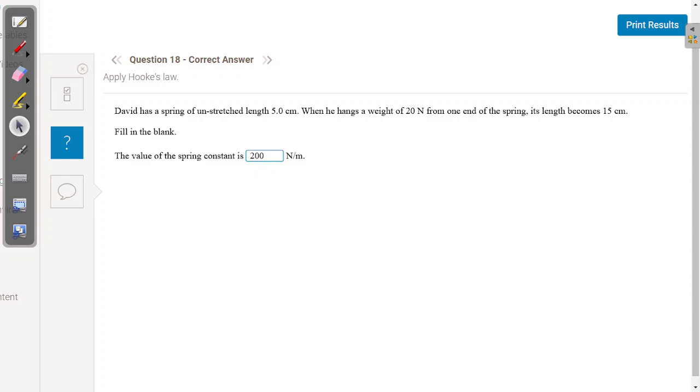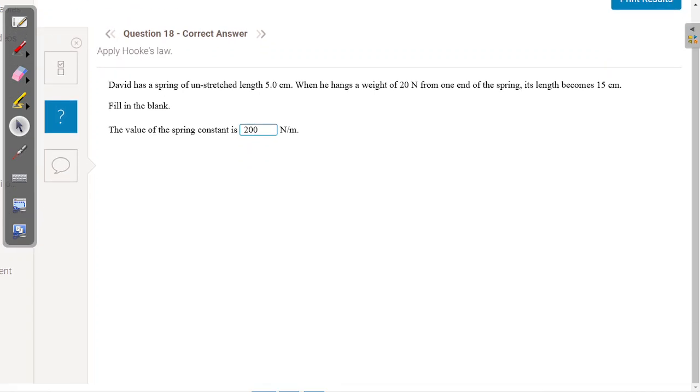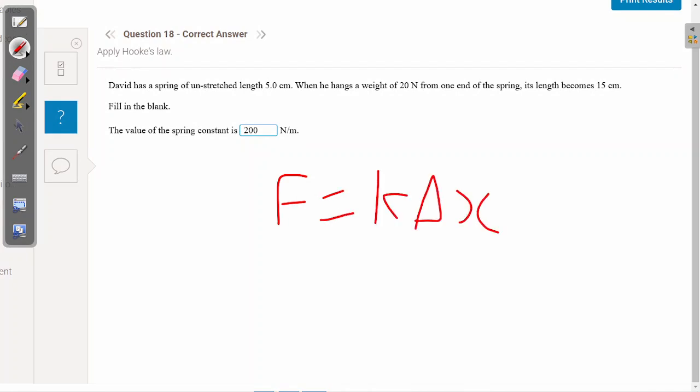For this you use Hooke's law. F equals k delta x. David has a spring of unstretched length 5. When he hangs a weight of 20 newtons from one end of the spring, length becomes 15. So you have the force 20 equals k.